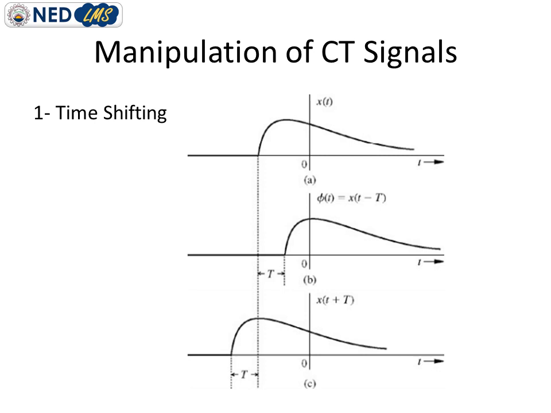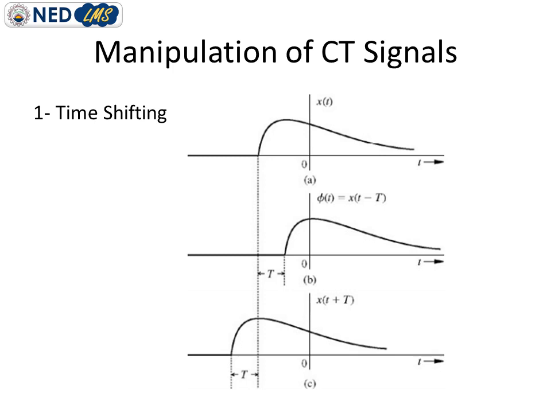If capital T is positive here, it means that the signal is shifted to the right, or in other words we can say that the signal is delayed. But if capital T is negative, then the shift of the signal will be to the left, and we will say that this signal is the advanced version of the original signal.